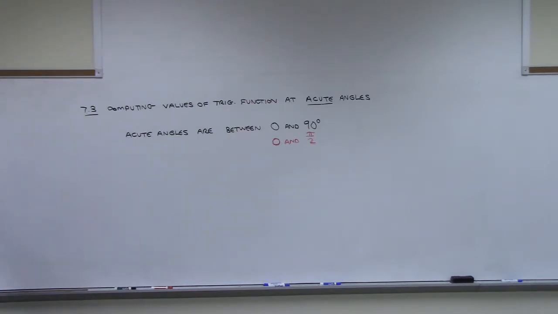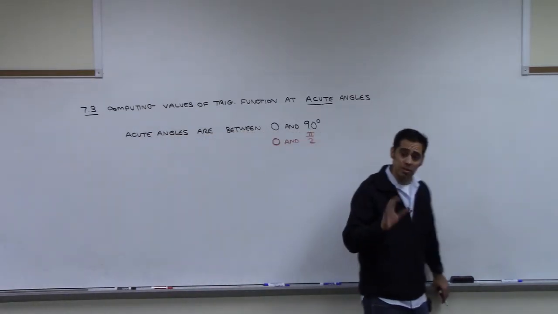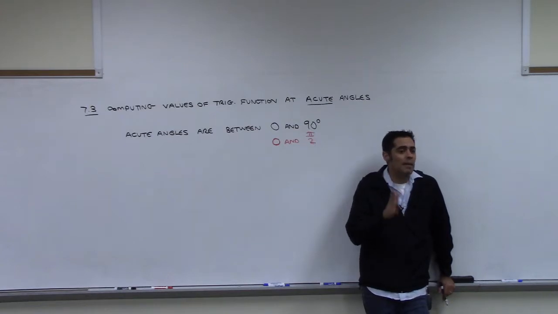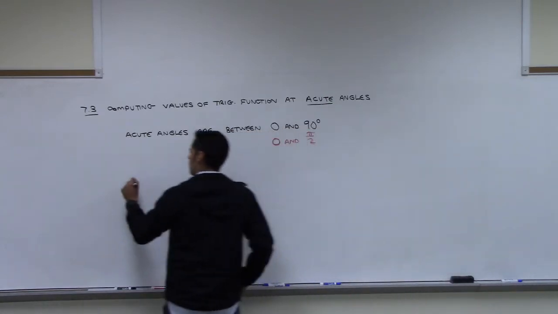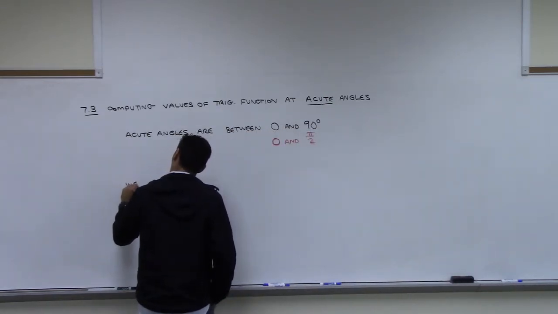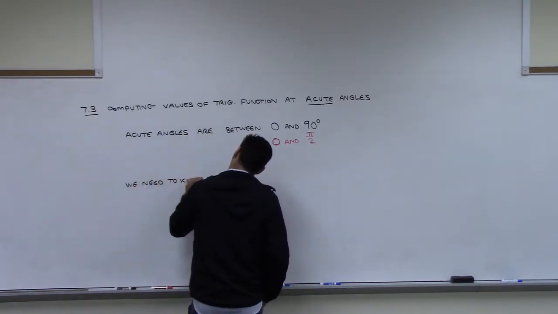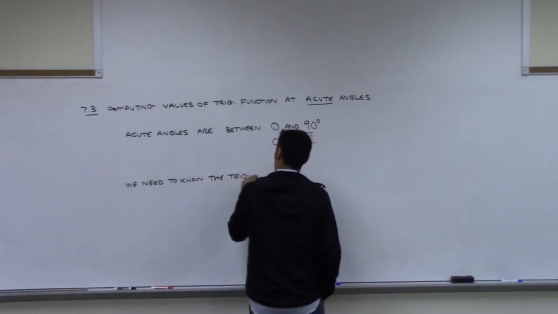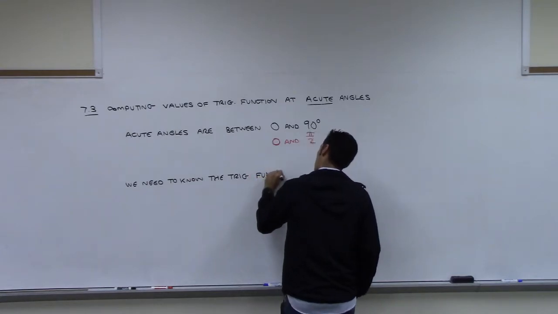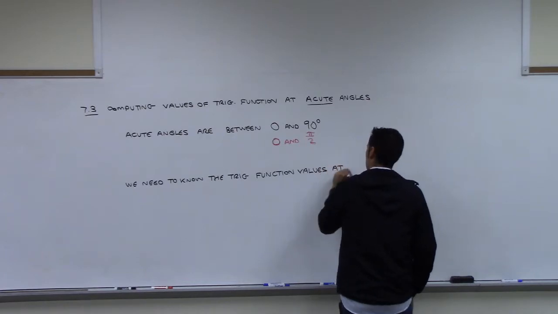So to do this, we have to use something that we already talked about, which was there are common angles that we all need to know. Do you remember what they were, the common angles? Need to know the trig function values at the common angles.